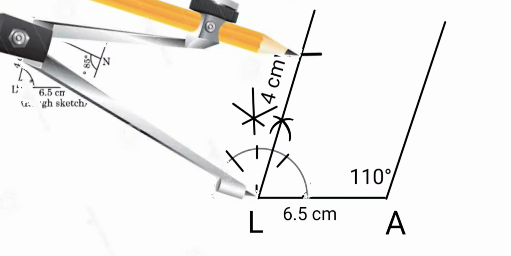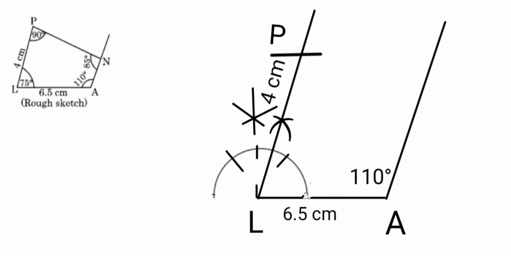Then this length is 4 centimeters, PL is 4 centimeters. Then at the point P, the measure of angle is 90 degrees. So construct at P, make 90 degrees.